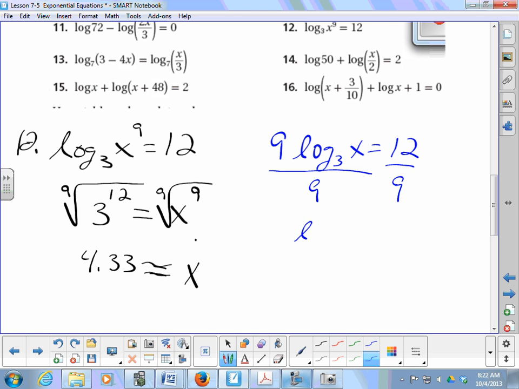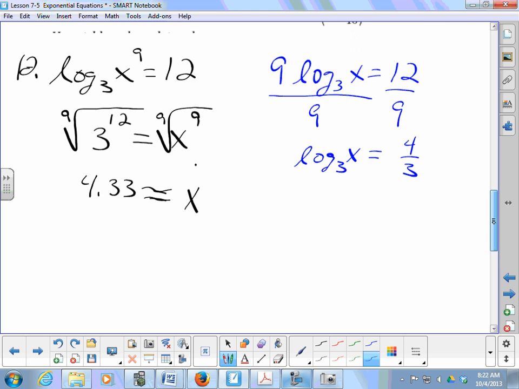So we get log base 3 of x equals 4/3, right? Now I've simplified that. It's in simplest logarithmic form. So now I can change it to exponential form and say x equals 3 raised to the power of 4/3.